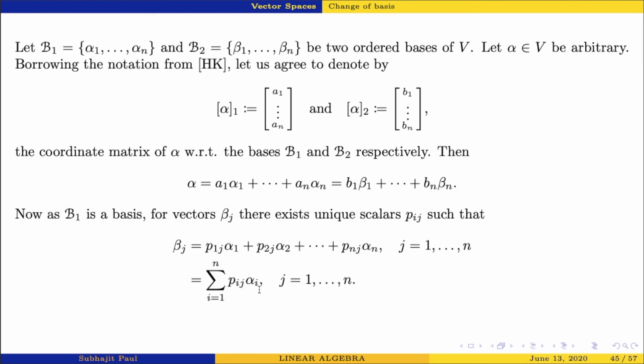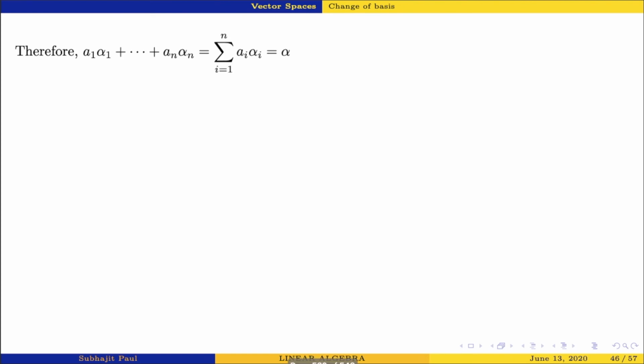Therefore, the alpha vector, a1 alpha 1 plus a2 alpha 2 up to an alpha n, just written in sigma notation, is equal to alpha, which again is b1 beta 1 plus b2 beta 2 up to bn beta n, which is the sum of bj beta j.